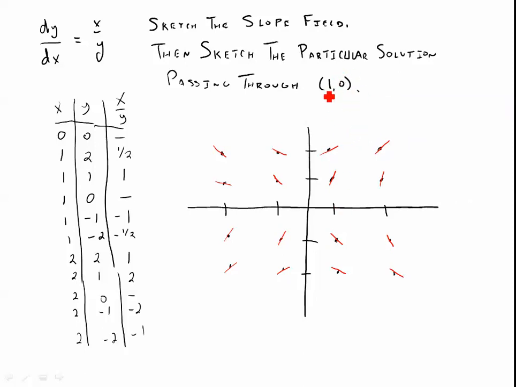So let's change it. Change the question to the point (1, 2). And this is important because we do know that at (1, 2), the slope of our function is 1/2. So I'll do that point right there.